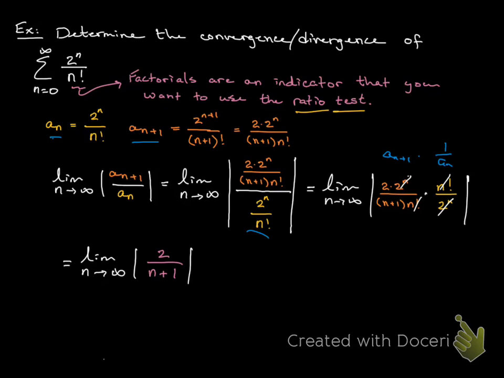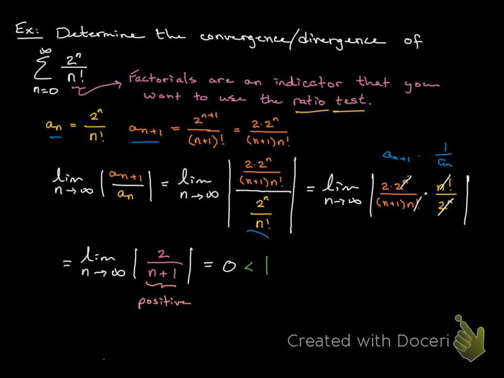However, what happens here is I have 2 divided by n plus 1. And I know my n's are all going to be positive numbers. So this expression that I have is really all positive. So these absolute values I can kind of ignore and really just take the limit as n gets really big.